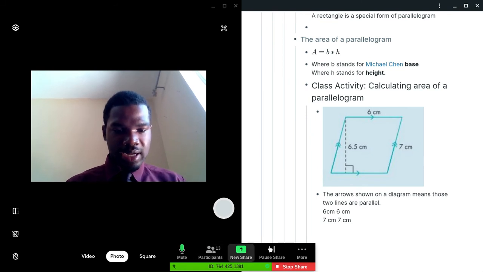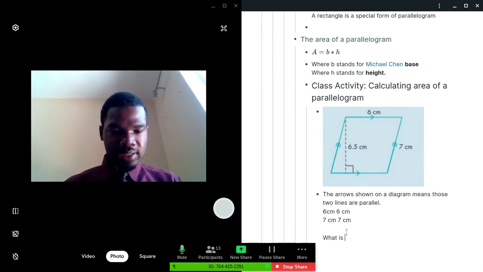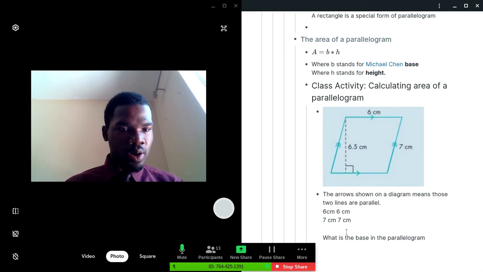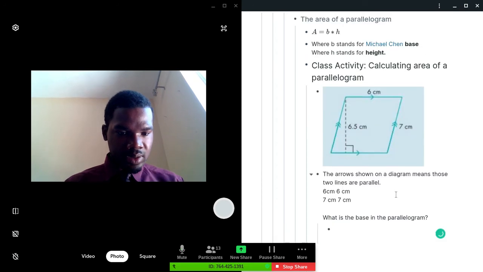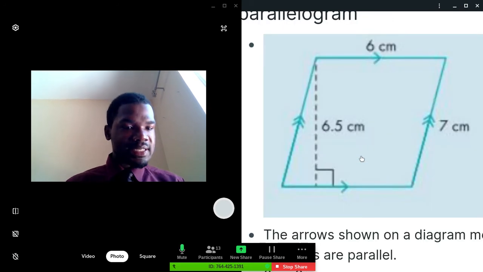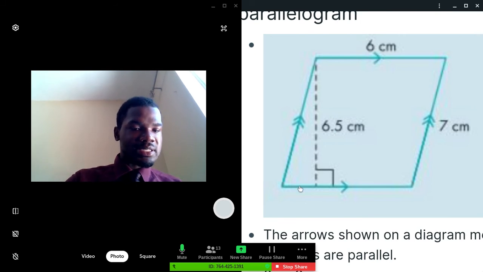This one goes to Annalise. What is the base in the parallelogram? Is it the 7 centimeters or the 6 centimeters? 6 centimeters. The reason it is 6 centimeters, everybody, is because this line measures the same 6, the same arrow that is represented.